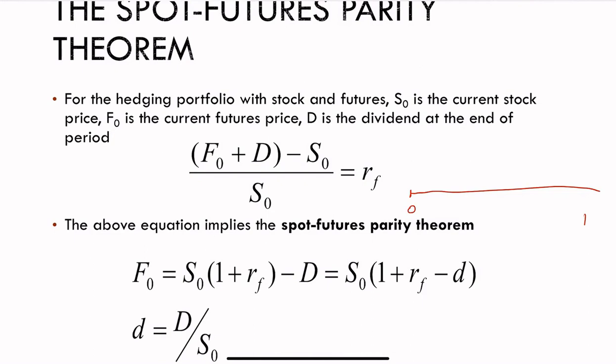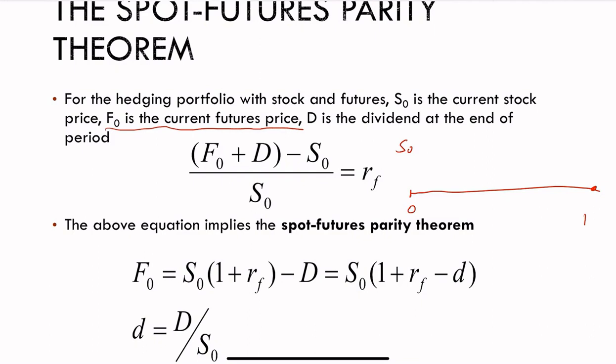On this day 0, you will buy this equity position, and let's say the current stock price is S0, and then you will also enter into the short side of this futures contract. So let's say this F0 is the current futures price, and then you will see what your portfolio's payoff is at the end of the year.